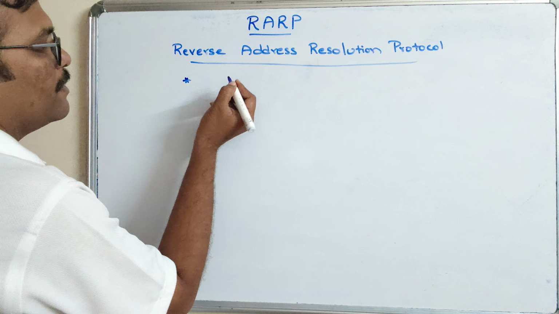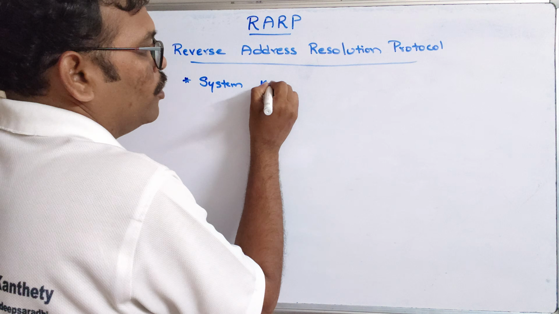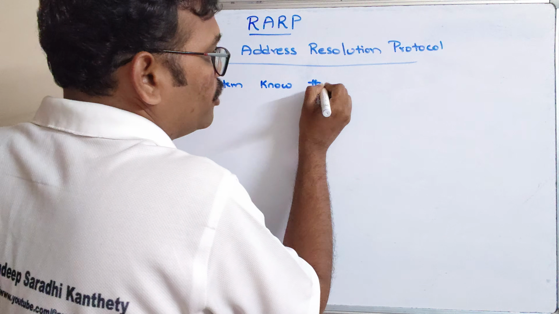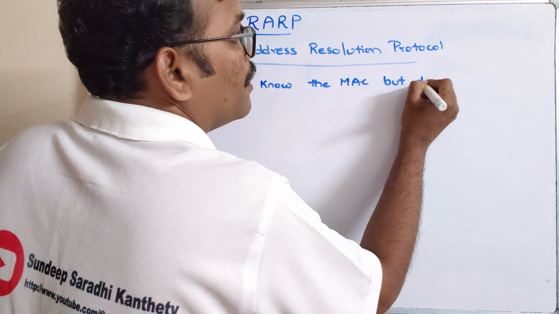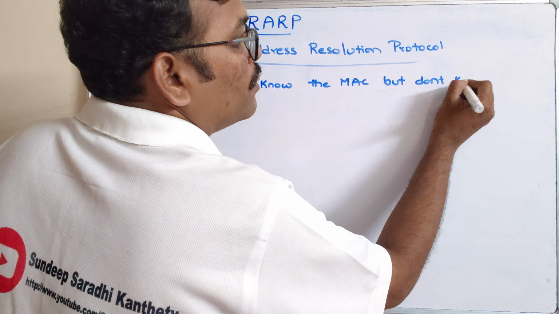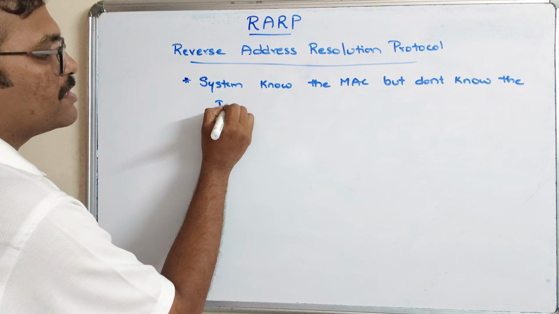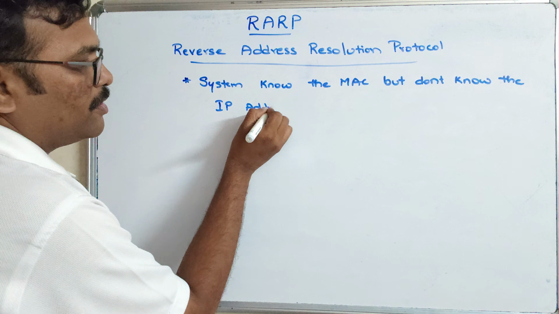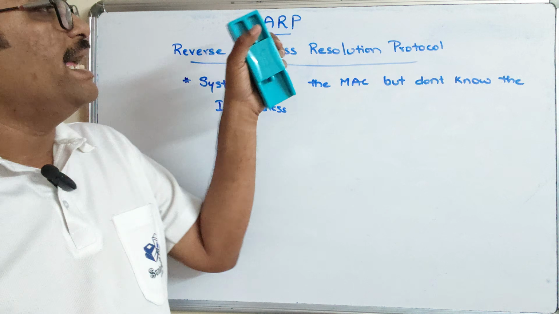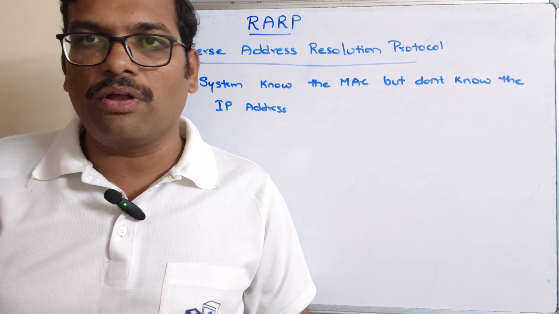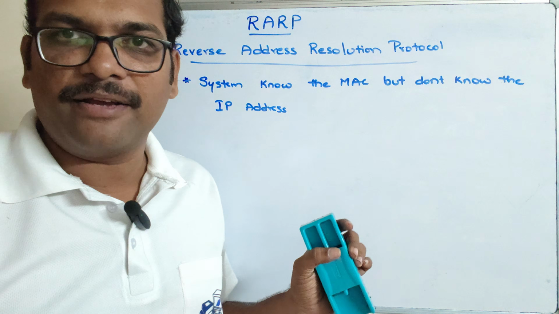So the system knows the MAC, but doesn't know the IP address. So this case is called reverse address resolution protocol. Okay, so getting the IP address by knowing the MAC.